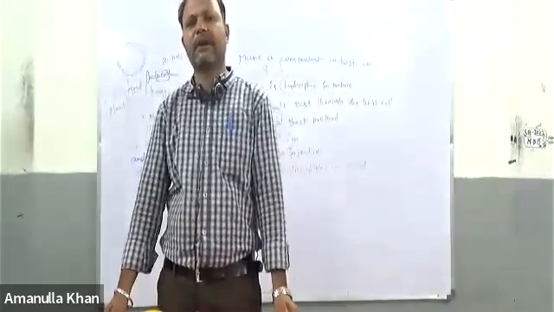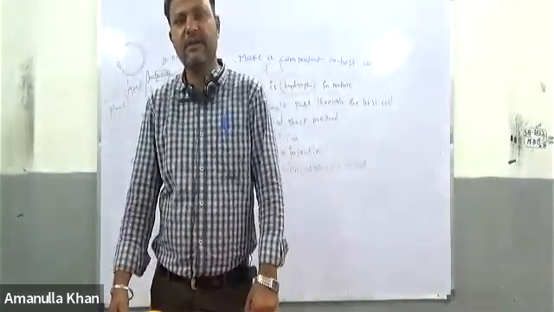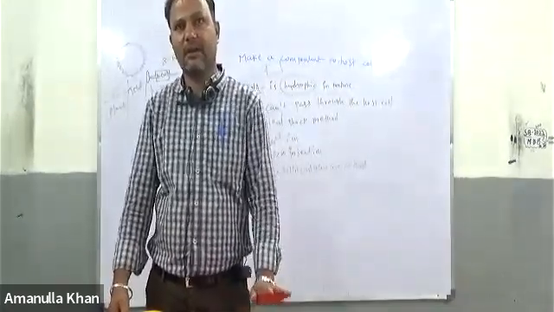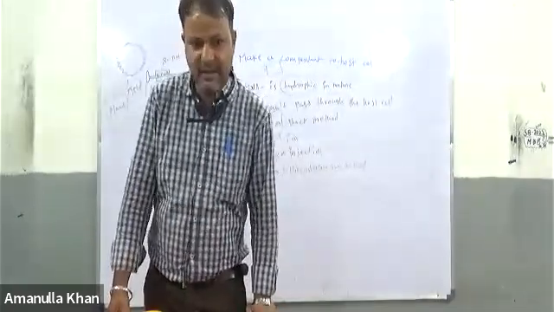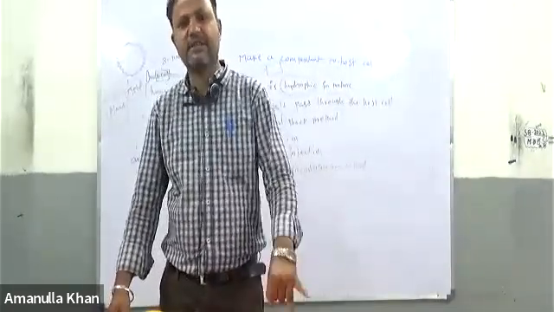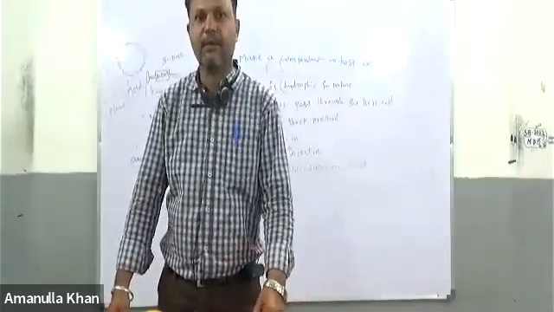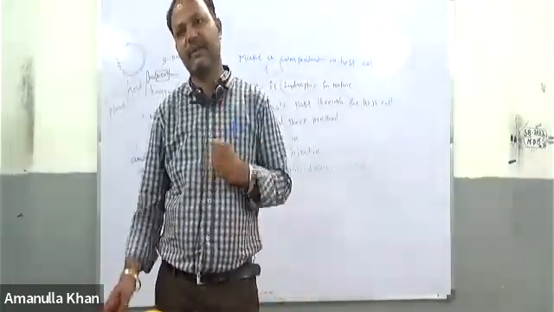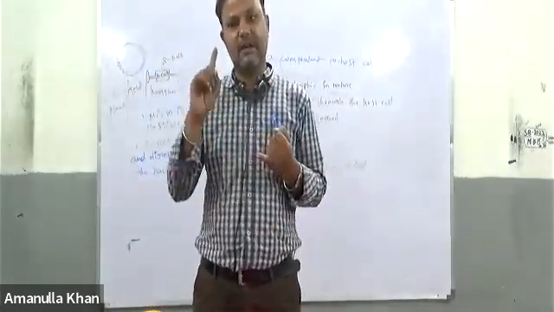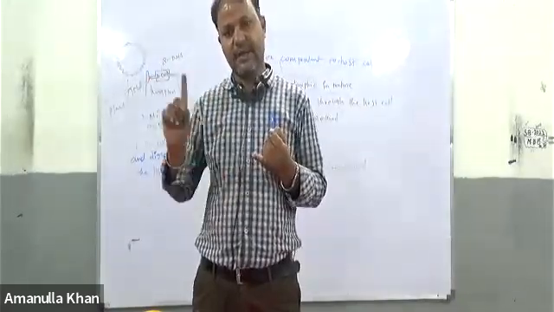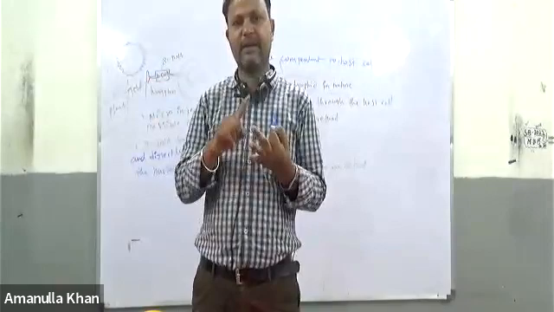In tools of biotechnology, what did we discuss? First we discussed enzymes. In enzymes, we discussed three types: restriction enzymes, including exonuclease and endonuclease; then Taq DNA polymerase enzyme; then DNA ligase enzyme.